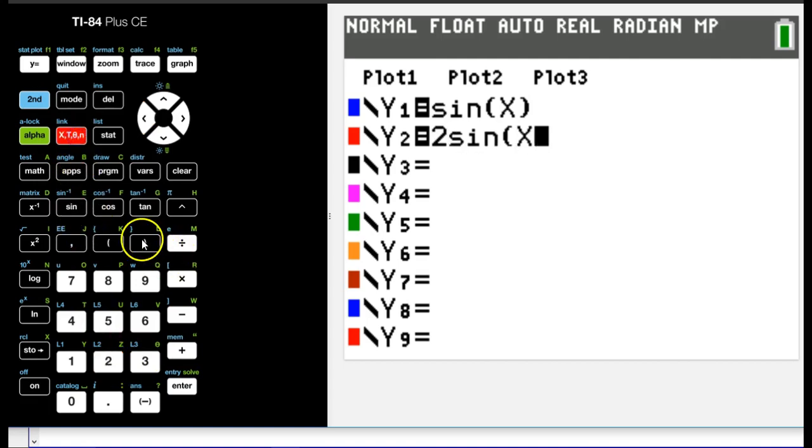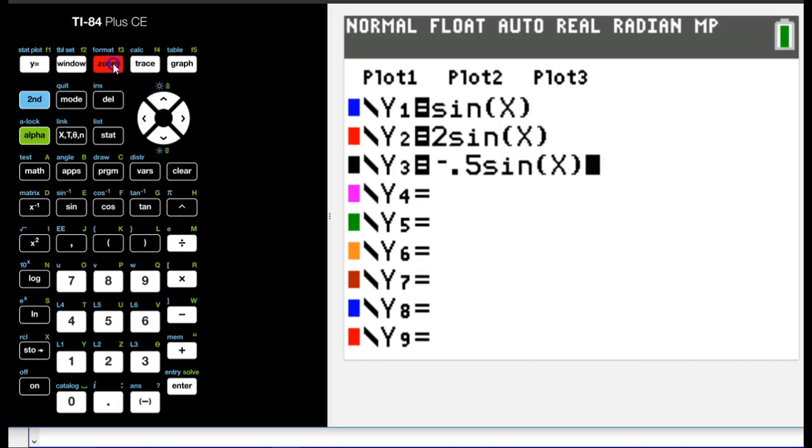And then in black, we will do negative 1/2 sine x. So this should replicate what we just did on our paper.